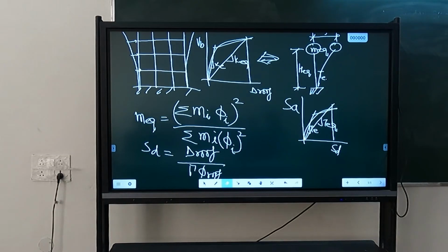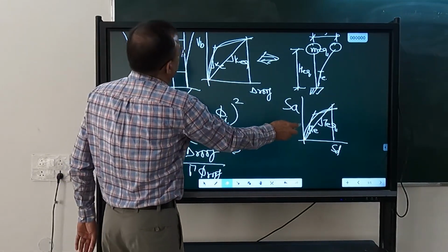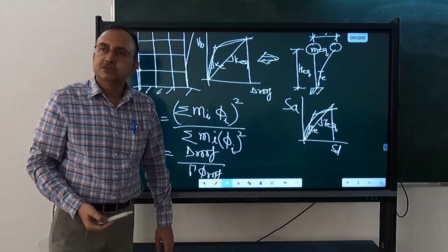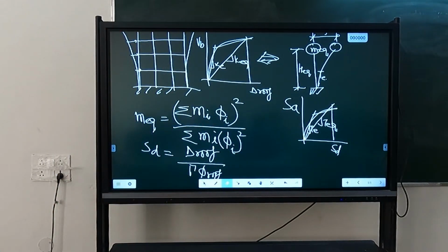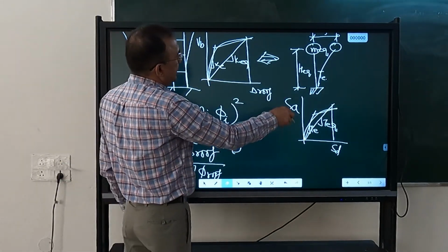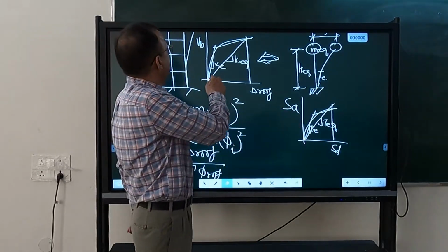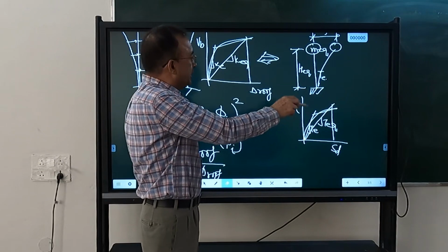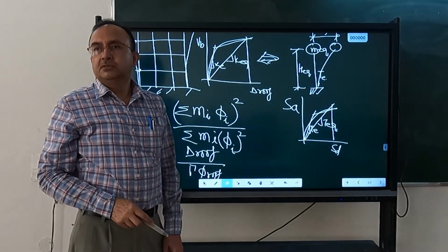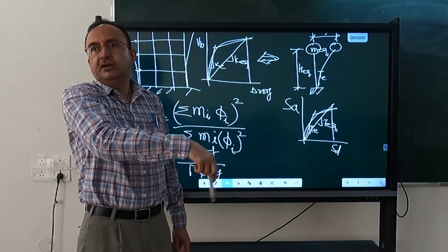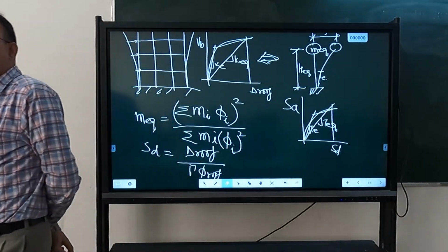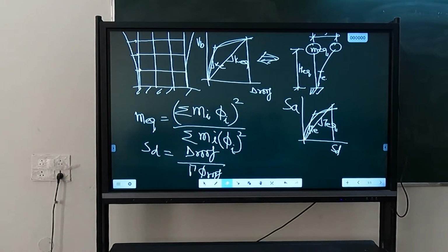The same relationship will be between KE and TE, and K equivalent and T equivalent. For example, KE is M equivalent 4 pi square divided by T square, and K equivalent is M equivalent into 4 pi square divided by T equivalent square. So the same relationship is valid between K equivalent and T equivalent.